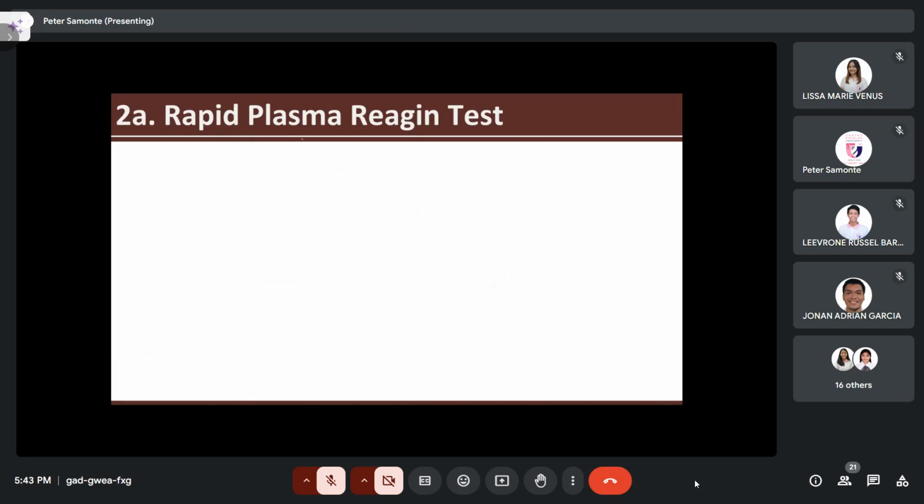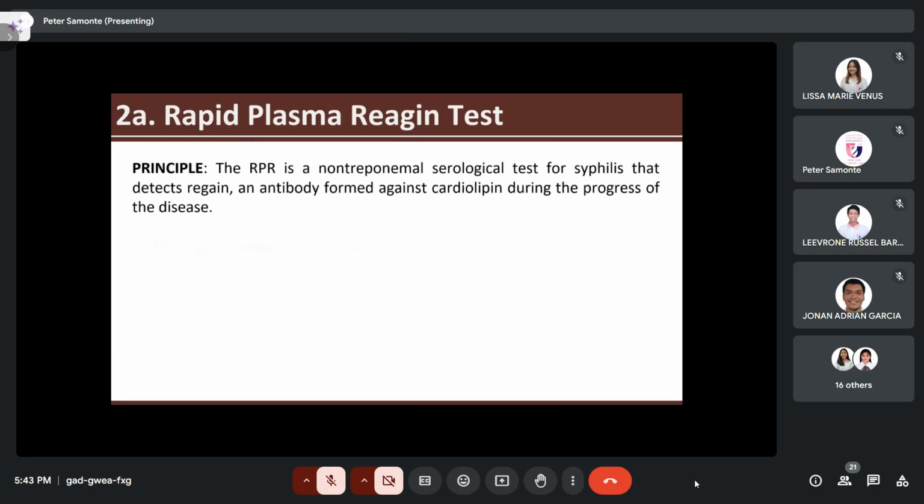Then we have your rapid plasma reagin test, so your RPR. Now, RPR, class, is a non-treponemal serologic test for syphilis. When you say non-treponemal, class, you do not use your Treponema pallidum antigen. Instead, class, what you use here is an antibody known as your reagin.